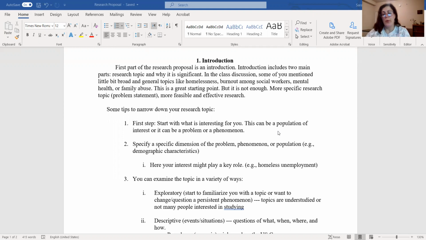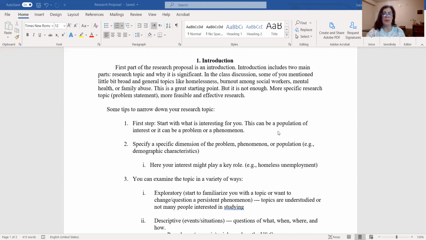I'm going to provide some tips here on how you can make your research topic more specific, and I'm going to use the example of homelessness to provide clearer examples.